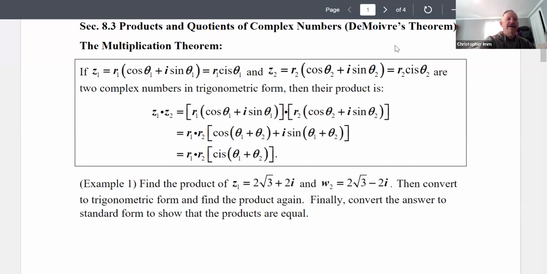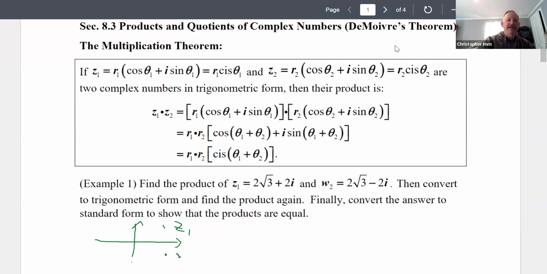So if I go ahead and sort of draw these out, it's always a good idea. I have z1, which is over 2 root 3 and up 2i, so that would be right around here. And w2, which is over the same distance in the real axis and then down in the imaginary axis.